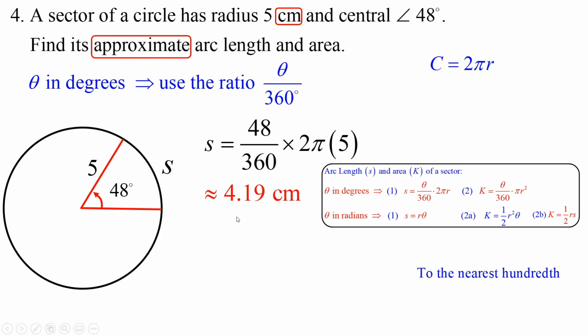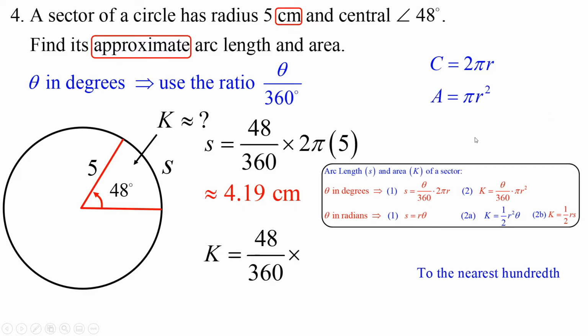All right, now area, which we use a K for the area of a sector of a circle. So K equals, and now our central angle is still in degrees, so we're going to go our 48 central angle over 360, but now this fraction times the area of the entire circle, times, I use an X again, and you guys know area of a circle, pi r squared.